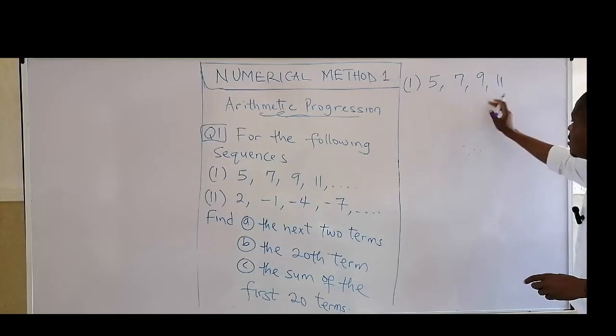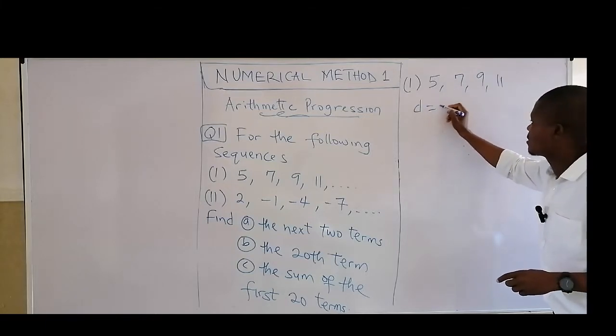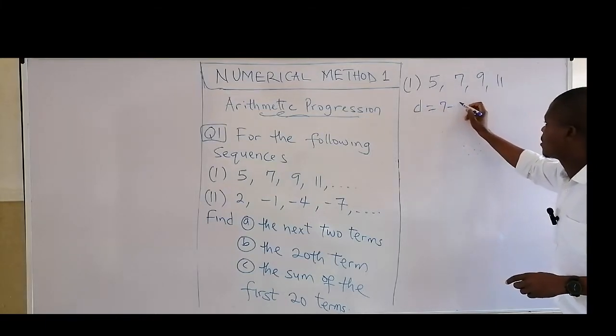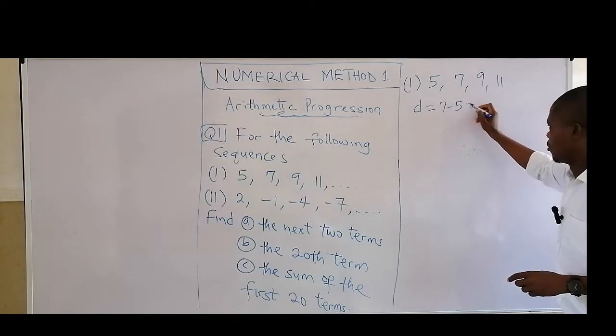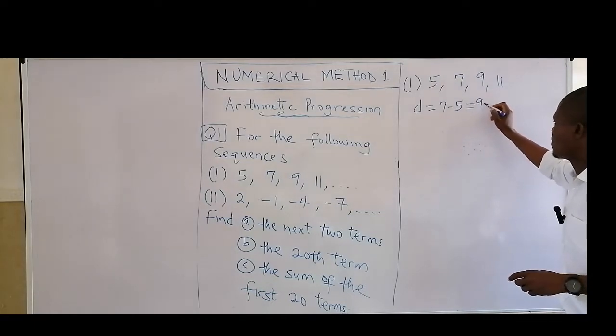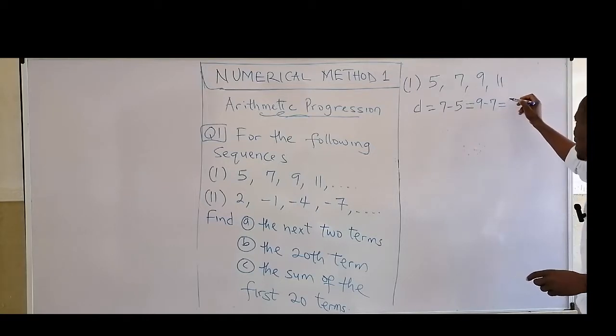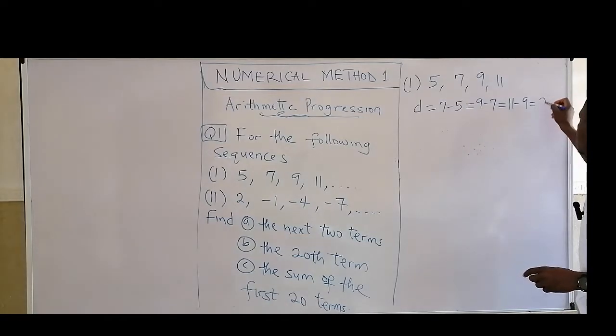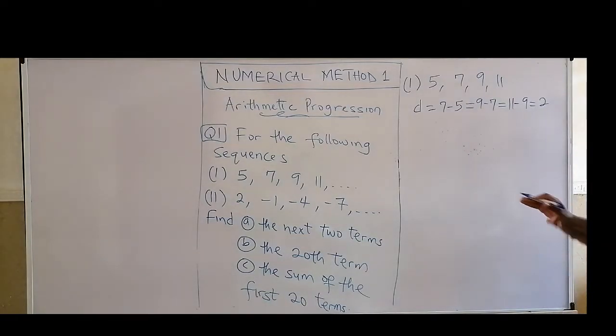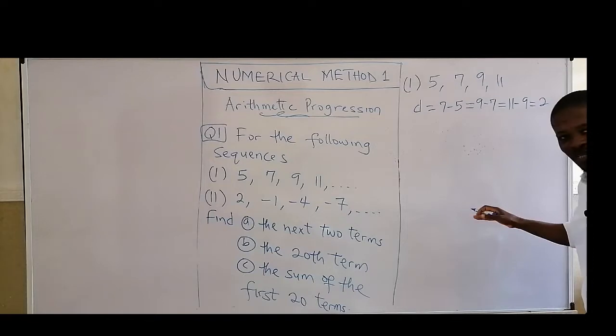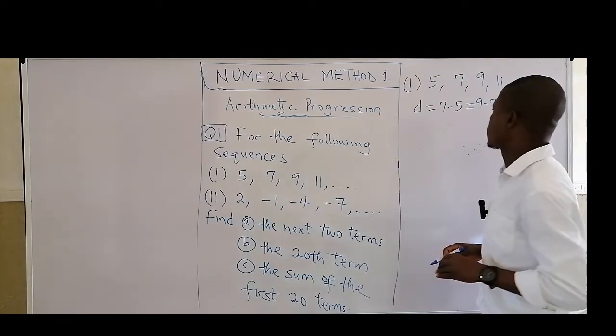The common difference in this case is 7 minus 5, which is also the same as 9 minus 7, which is also the same as 11 minus 9. That is 2. This confirms this is an arithmetic progression.